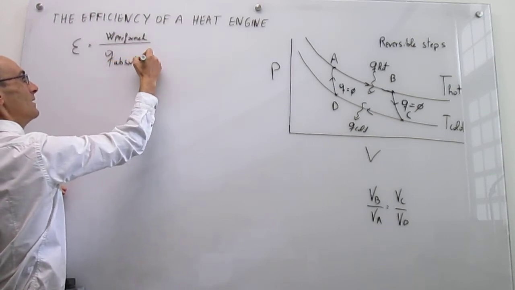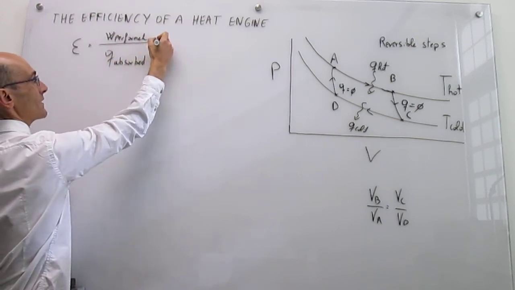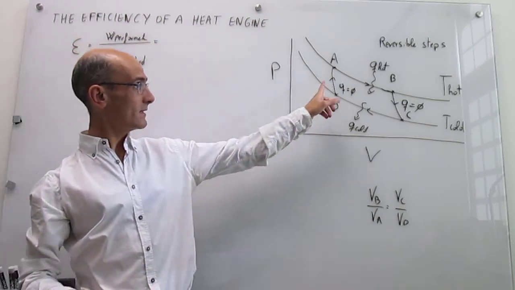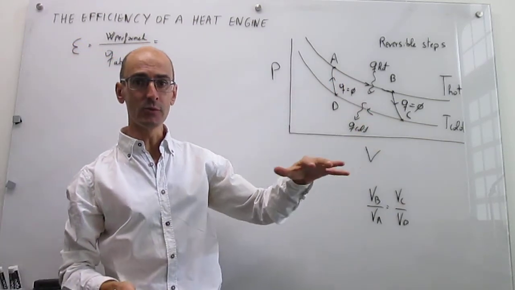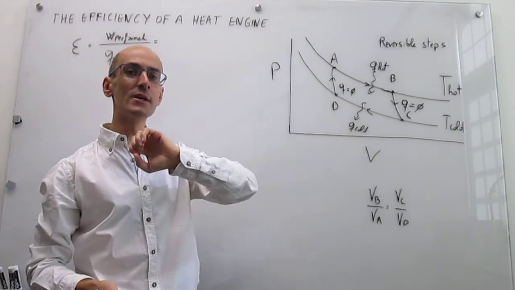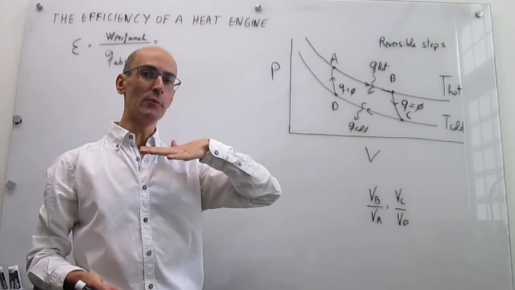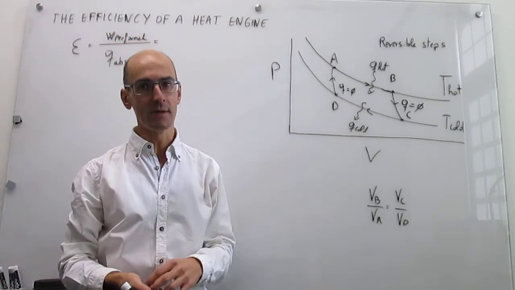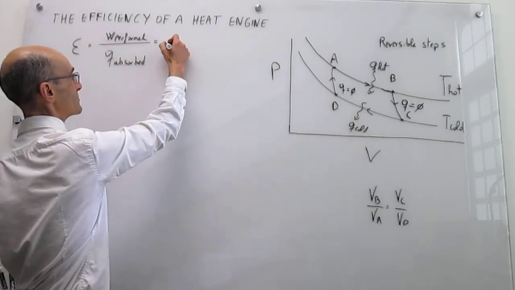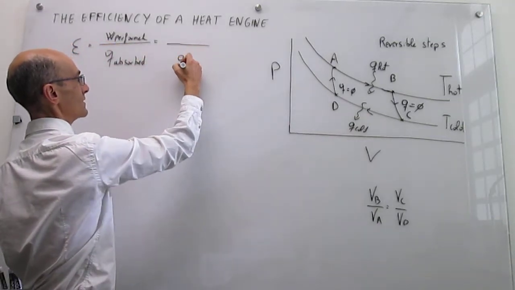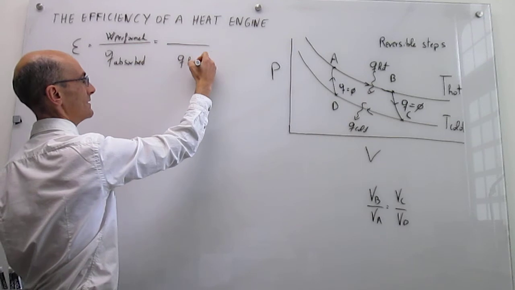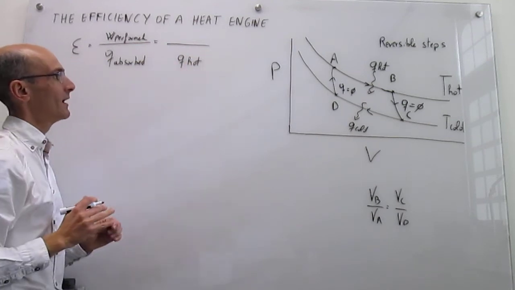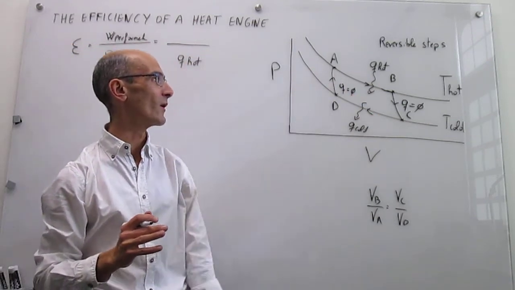Notice that you're only absorbing heat in this first step. That's when you have a hot source, and that's the only place where energy enters the system as heat. So that is going to be fairly straightforward. That is simply going to be equal to Q hot, the heat absorbed in the hot isotherm right there.